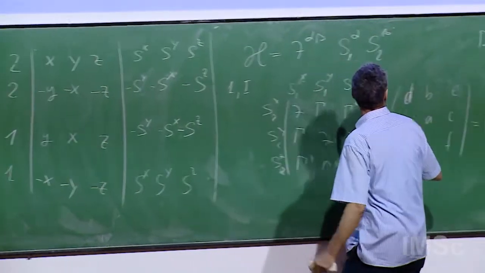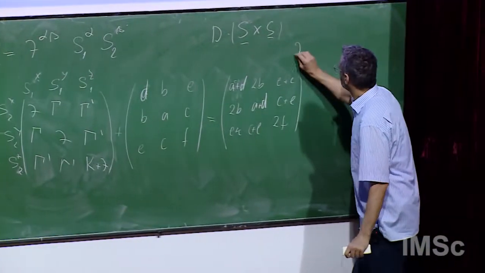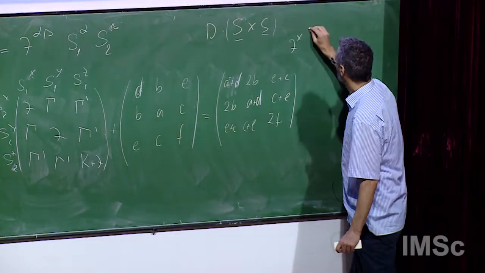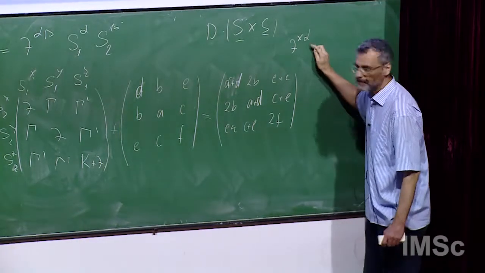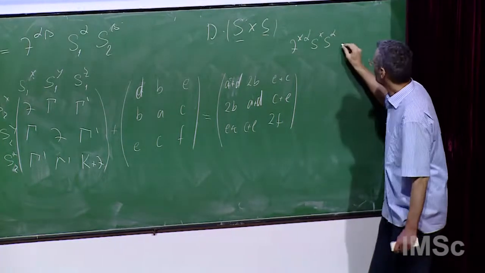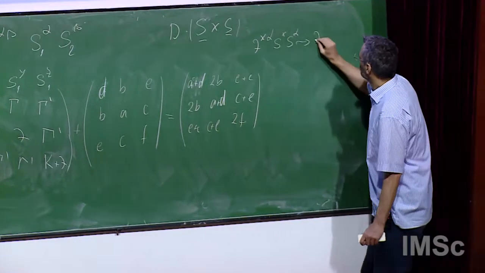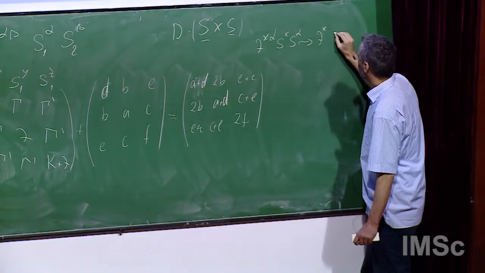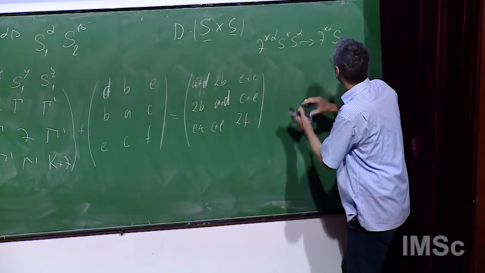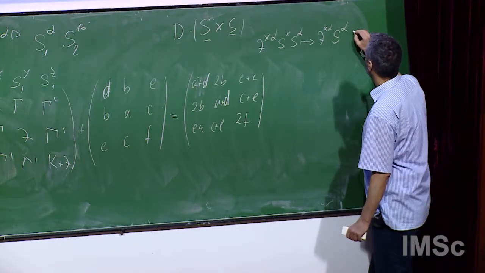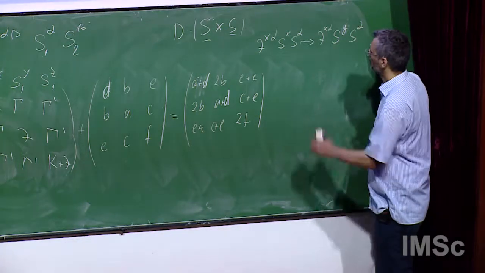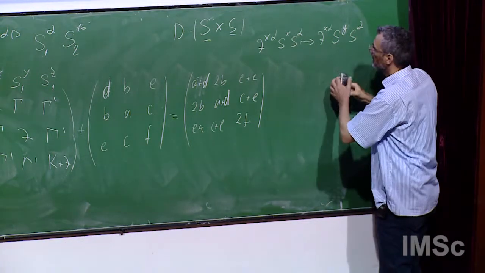So I had Jx alpha, Sx S alpha, it changed to Jx alpha, S alpha, Sy, S alpha. Of course, I need to take care of also alpha.